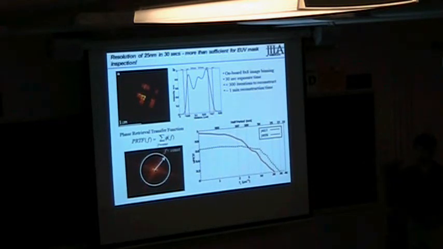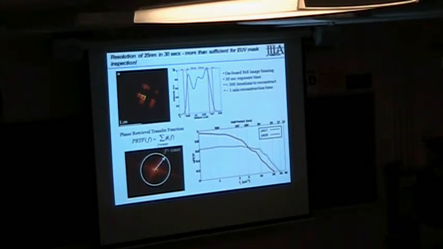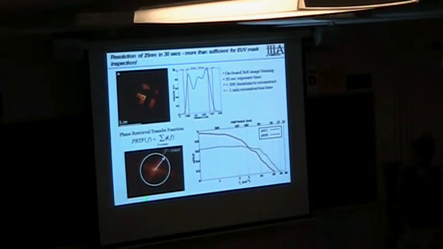confirmed that result by using a tool called the phase retrieval transfer function. And that essentially tells us out to what spatial frequency we can consistently retrieve the phase of the diffraction pattern. As you go from the center, that corresponds to a higher spatial frequency of the object.